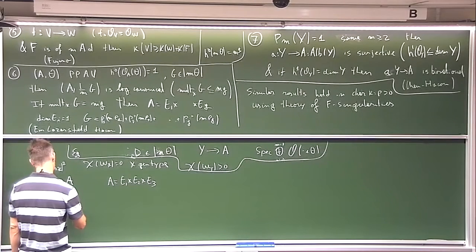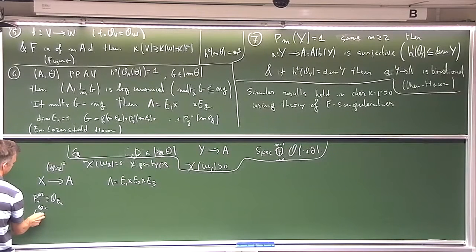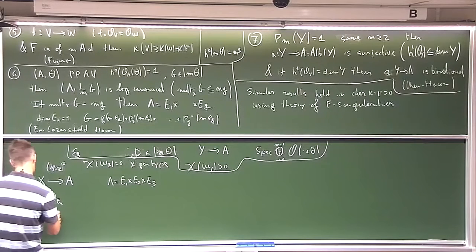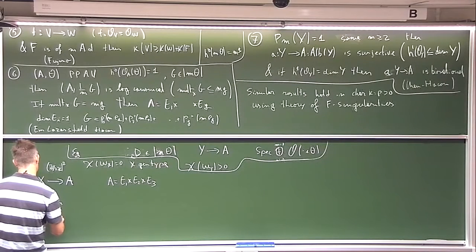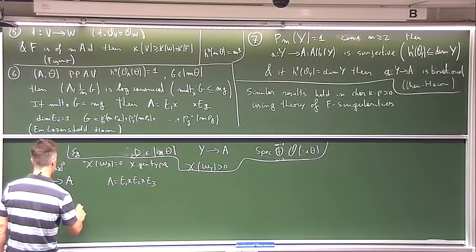And then I'm also going to pick ample line bundles, L_i. You can pick them of any degree you want, but we might as well assume that the degree of L_i is 1, and then you take the second tensor power of these, and you pick some reduced divisor, D_i.